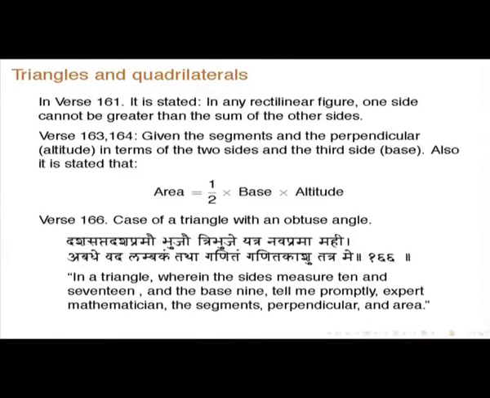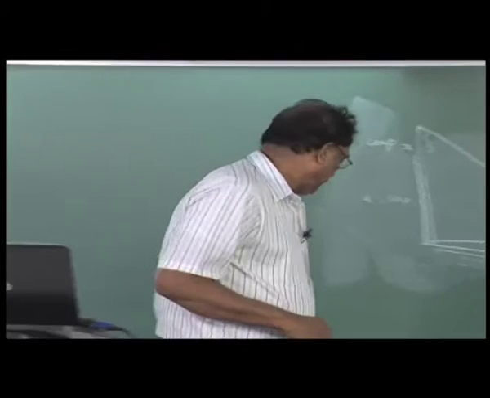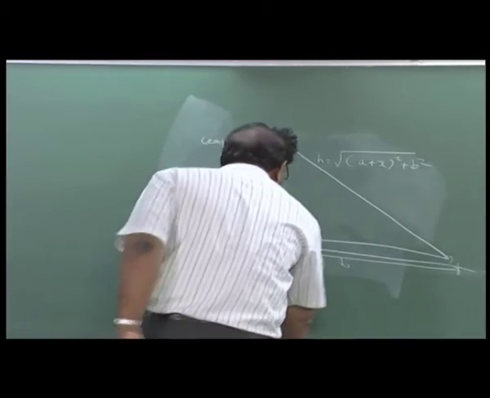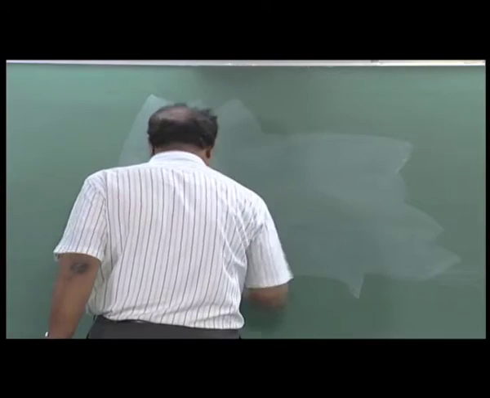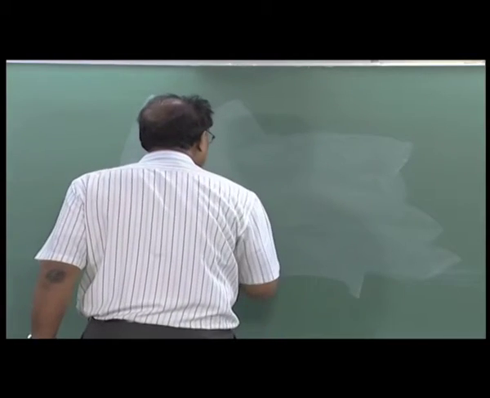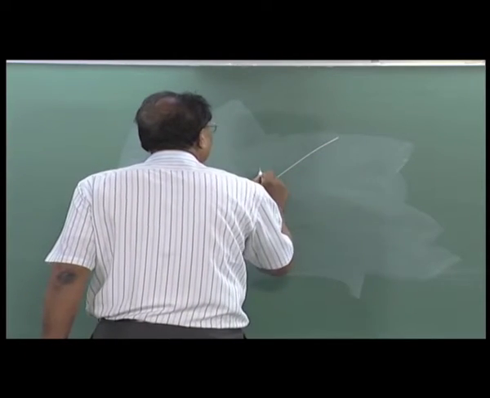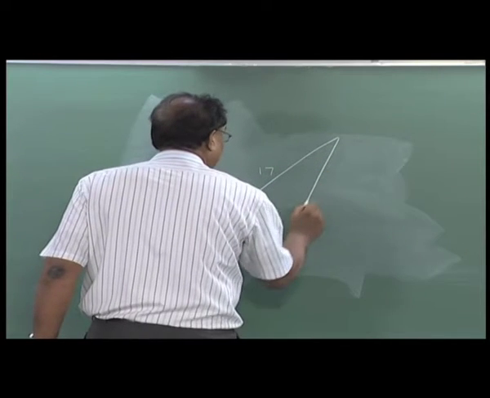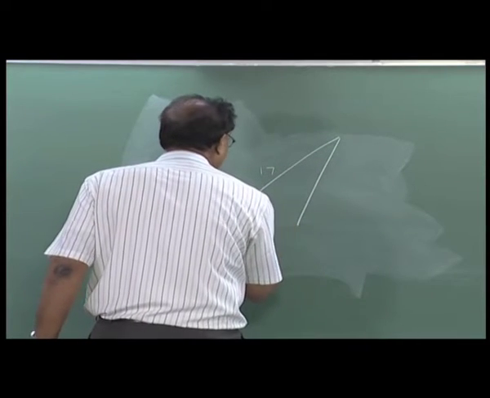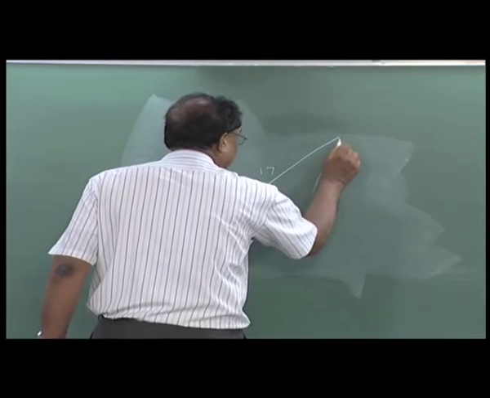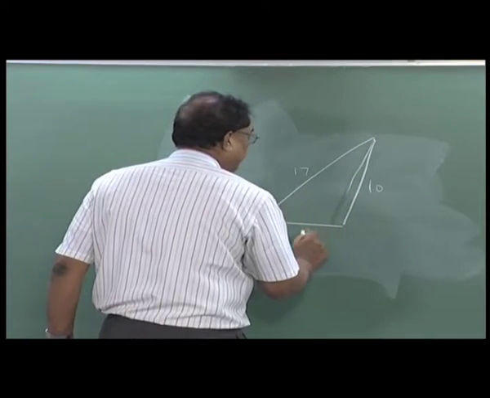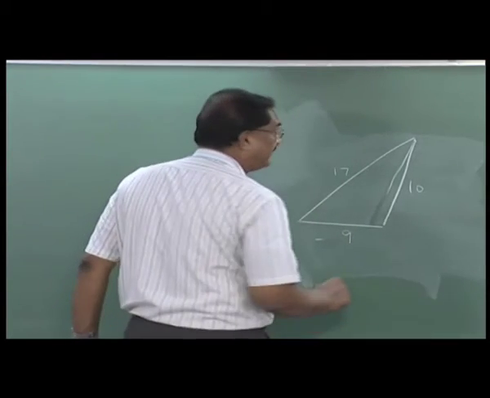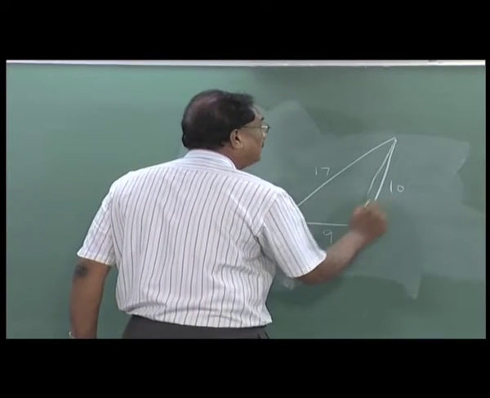So what is happening is that here there is a triangle like this. This is 17, this is 10, and this is 9, and one can see that it will be an obtuse angle here.